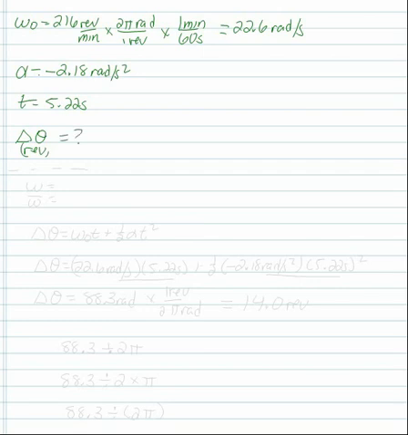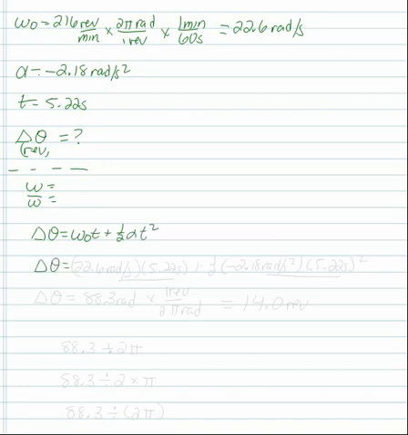So what do we have? And again, you could even do what we normally do. What are the other two things we don't know? We don't know omega or omega bar. In this case, I don't need them. I can solve directly. I'll use delta theta equals omega naught t plus 1/2 alpha t squared.